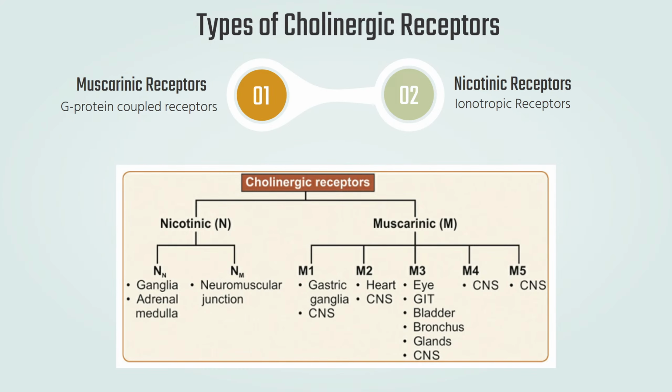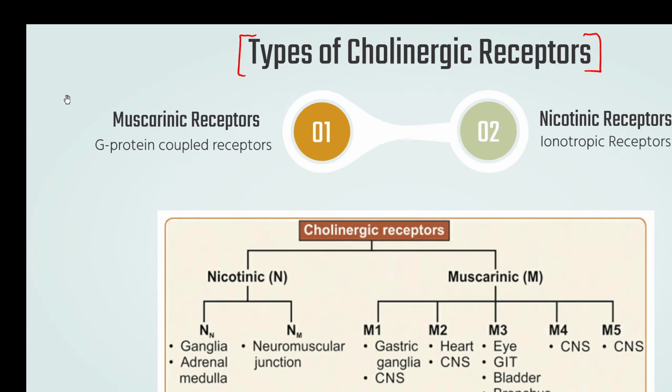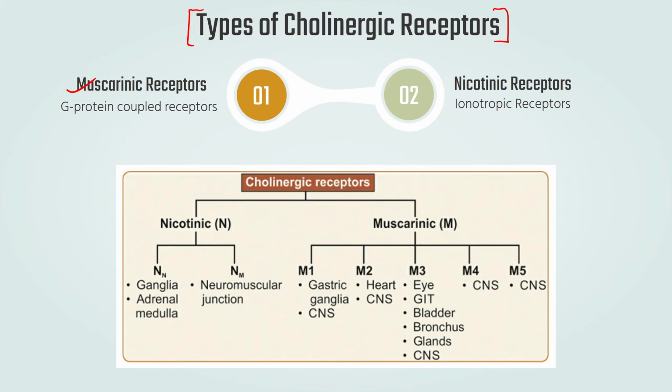Moving ahead. Now, these are the types of cholinergic receptors present in our body. Mainly two types are present: muscarinic receptors and nicotinic receptors.